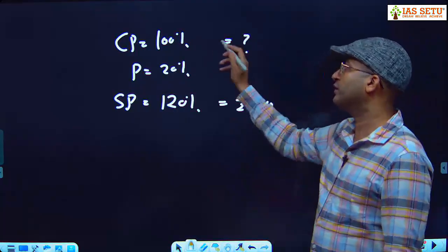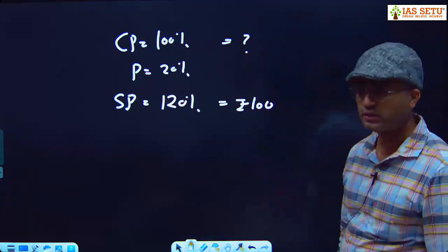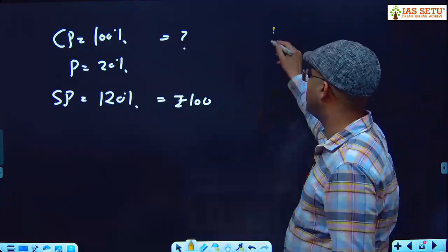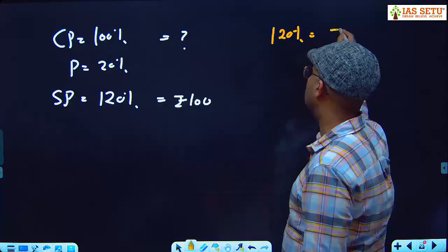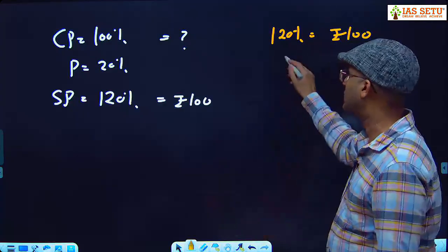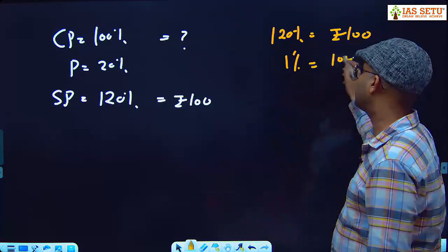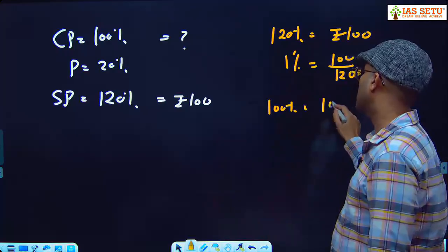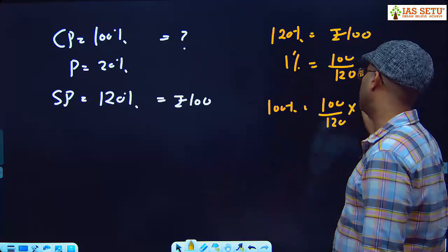So accordingly, we have to find what is 100%. We use the unitary method. If 120% is equal to 100 rupees, we have to find what is 100%. So 1% is 100 upon 120. What about 100%? 100 upon 120 into 100.